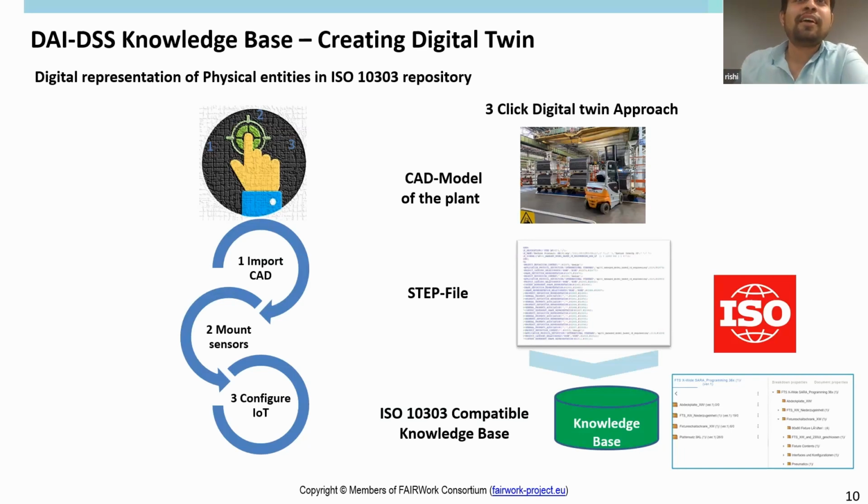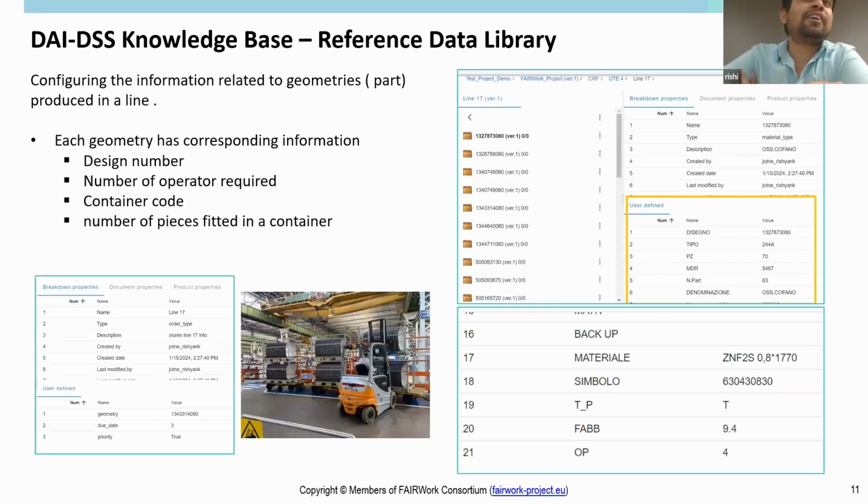So what is a reference data library? A reference data library is a collection of PLCS concepts which provide a comprehensive way to define the required properties of a physical entity. Let's say in this example we have a geometry, and as I told you, each geometry is produced in a line, and this geometry has certain configuration information.